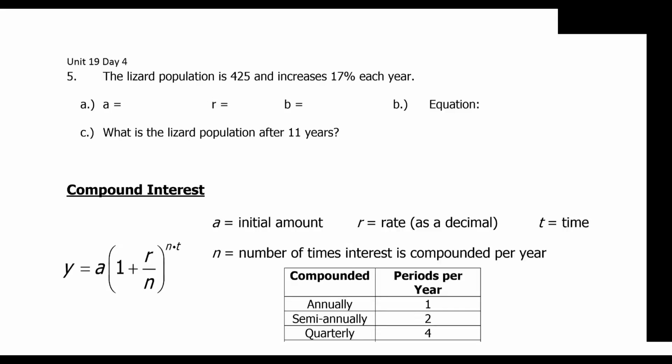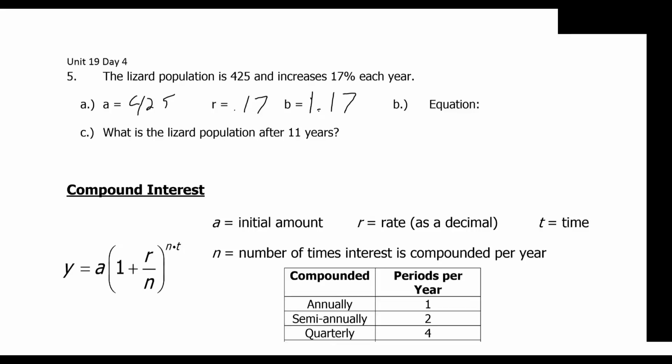Alright, so page 2, the lizard population is 425 and increases 17% each year. So our initial population is 425. Our rate is 0.17. And our B for this one's going to be 1.17.